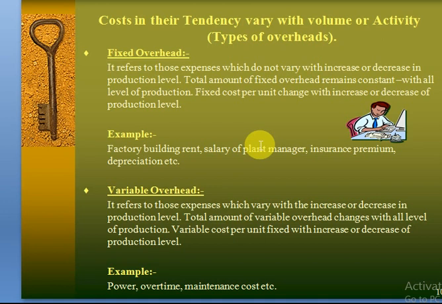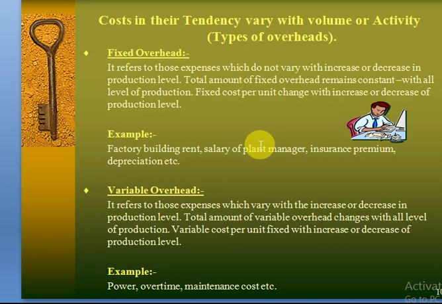Variable overhead cost. So variable overhead cost, as its name indicates, is changeable. It refers to those expenses which change or vary with the increase or decrease in the production level. The total amount of the variable overheads changes with all levels of production.